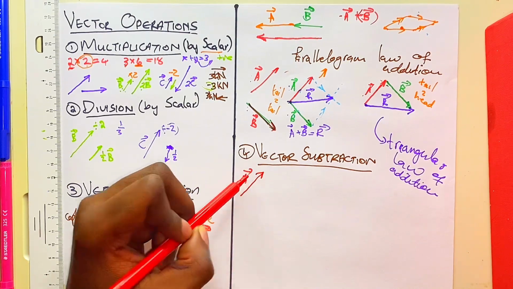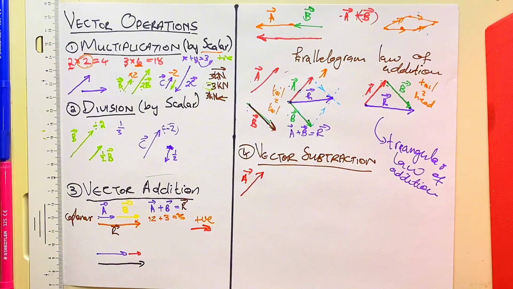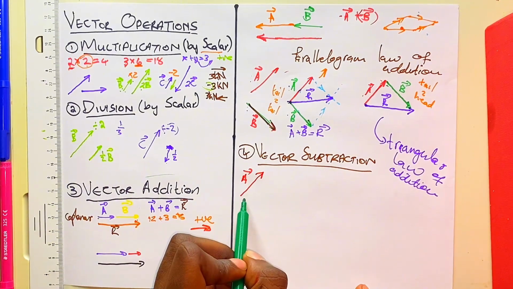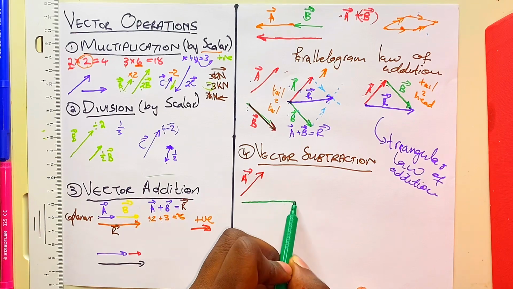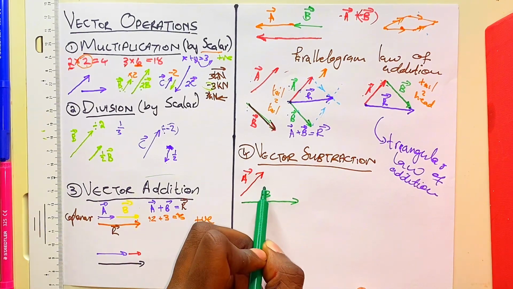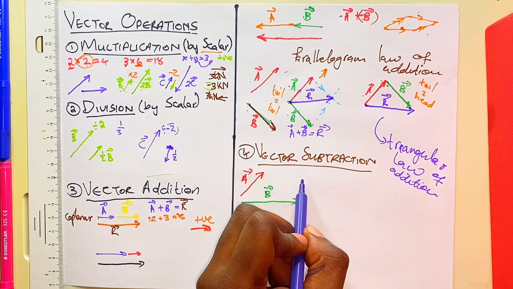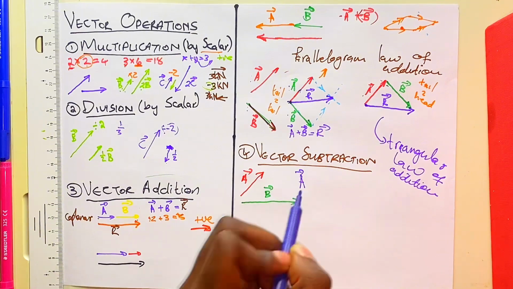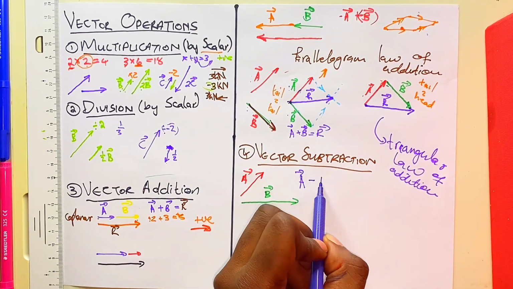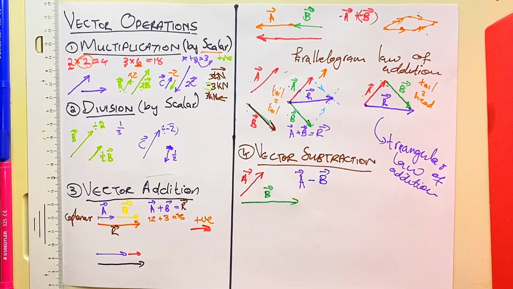You have your vector A and you have another vector B that acts like this. Now the operation that we want to do here is take A and subtract vector B. Now, how do we do that?